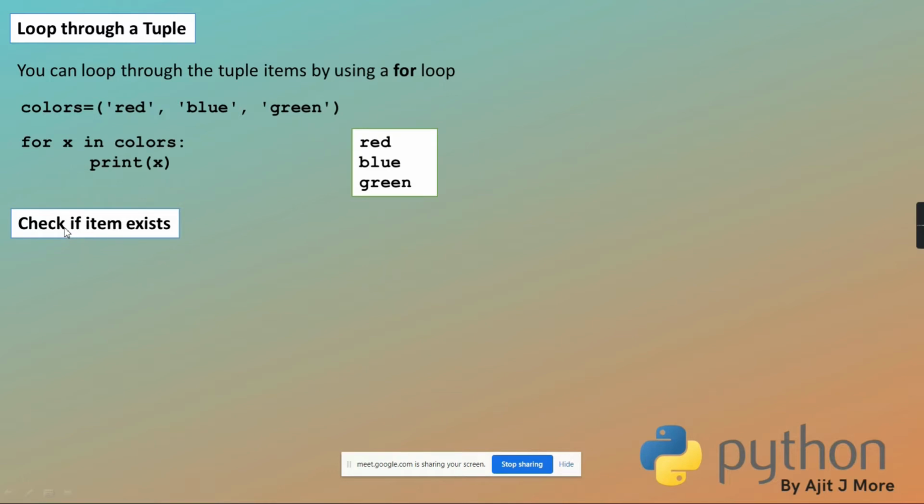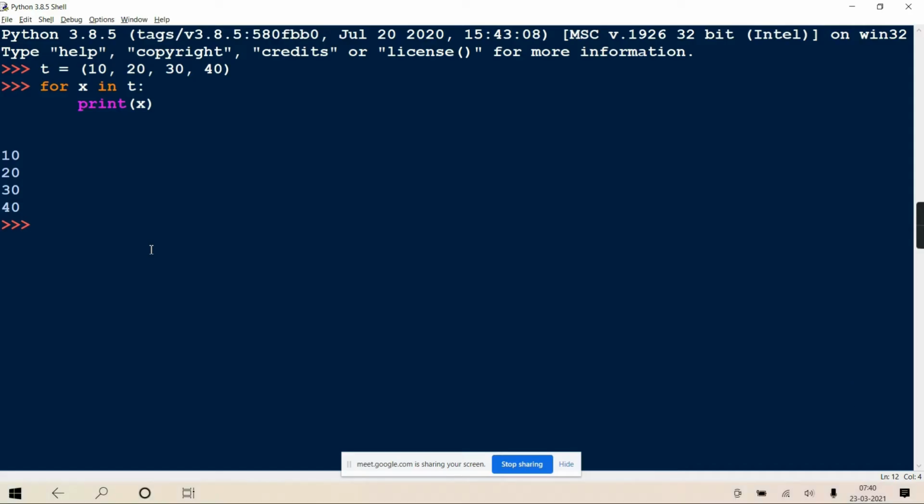Next is checking if any item is present in your tuple. Same like list, you can use the in operator. You can check whether an element is present in a tuple or not. So this will be your tuple object and element, and use the in operator. If the element is present in this tuple object, it will return true, otherwise it will return false.